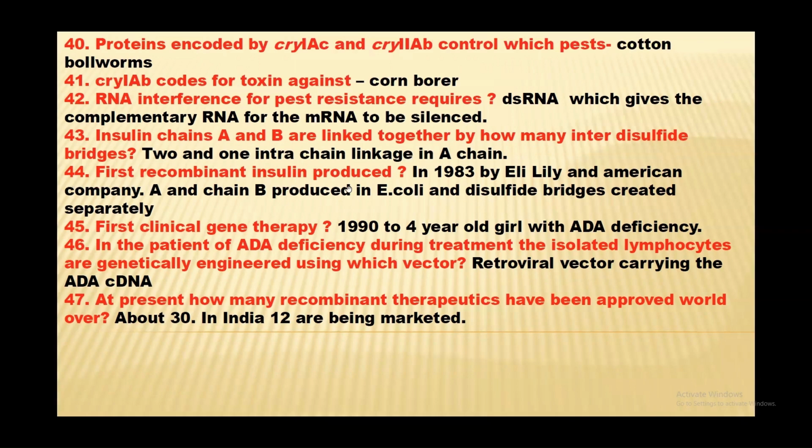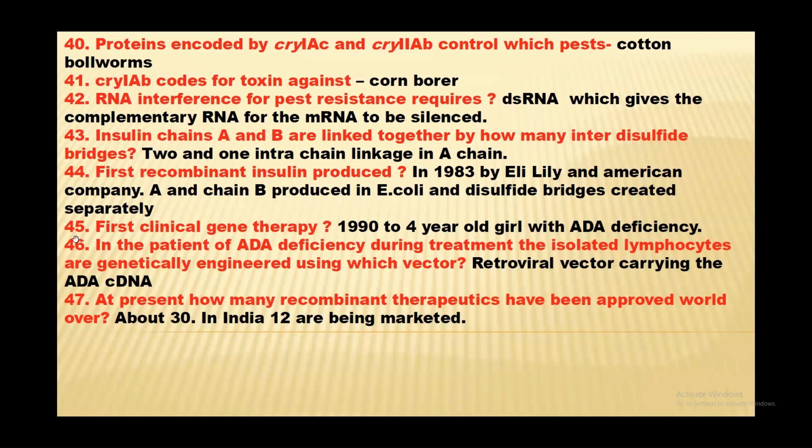First recombinant insulin was produced in the year 1983 by Eli Lilly, an American company. Chains A and B were produced in E. coli and disulfide bridges created separately. That was also asked in the examination.